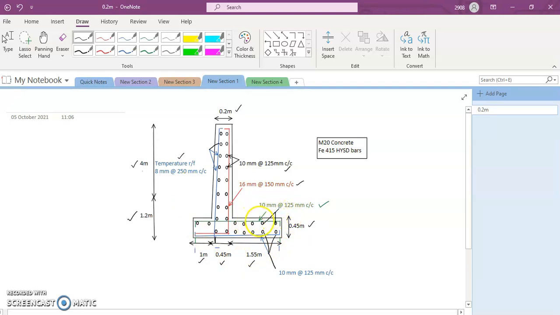So the reinforcement marked in green is the main reinforcement for the heel slab, and it is 10 mm at 125 mm center to center. And the distribution is also provided as whatever we got for minimum steel, that is 10 mm at 125. On the bottom side, on the toe slab, the one marked in blue is the main reinforcement for the toe slab, and that also worked out to be the minimum. So we have provided 10 mm at 125 mm center to center in both the directions.